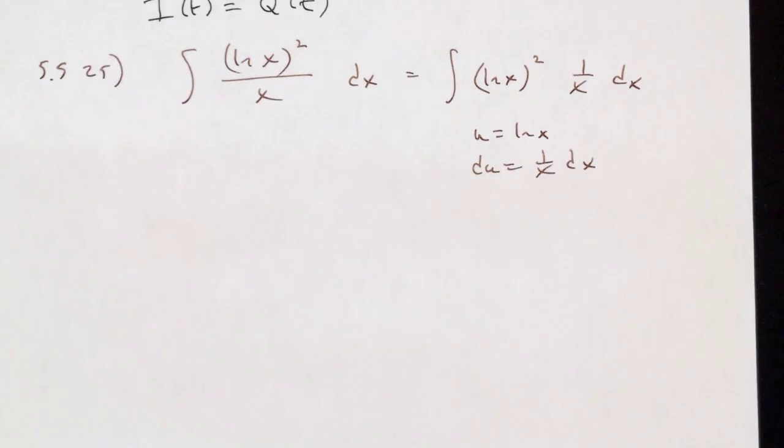But when it's ln of x all squared, I can't take the power out. The power's not inside the logarithm to begin with. As much as with sine of x or tangent of x, even when I just write ln of x, you'll notice I didn't put parentheses. It's the way it was written in the text. I've got to be careful where I put exponents then, because writing ln of x squared without any parentheses at all, is the square on the x or is it on the whole thing? And they mean different things.